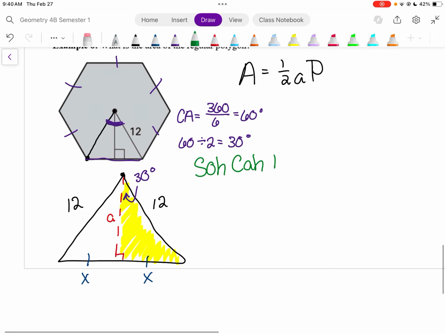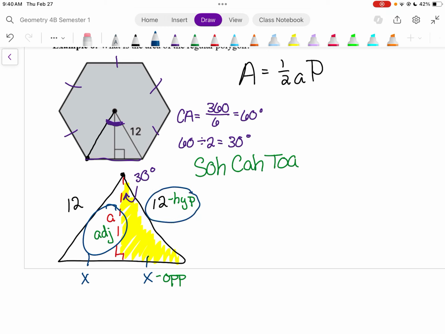It might be helpful if you write SOHCAHTOA and then label your triangle. In this one, X is opposite, 12 is our hypotenuse, and A is the adjacent. I'm going to start by finding my apothem. That is the A value, or the adjacent side, and we're going to use the hypotenuse with that.